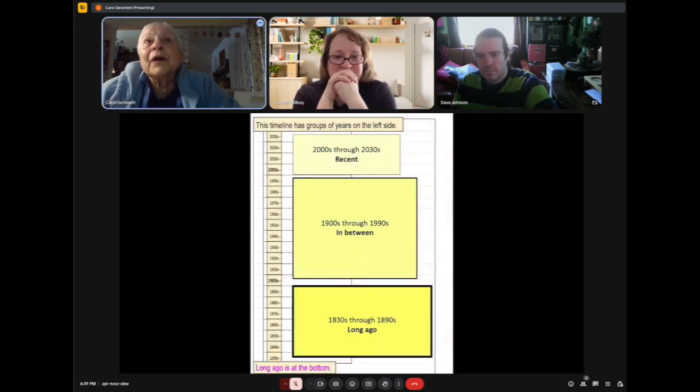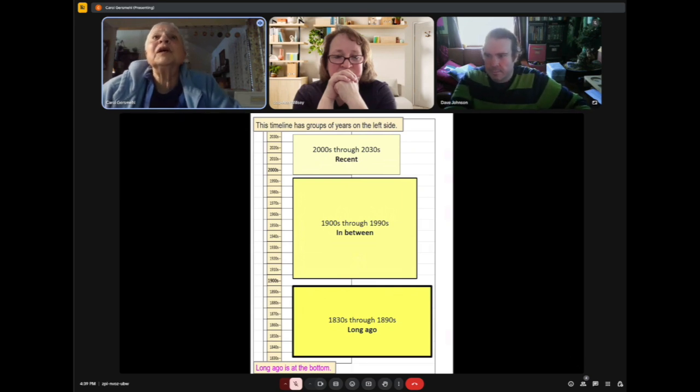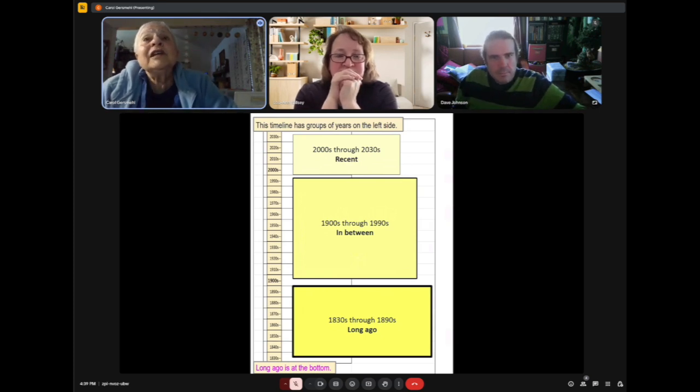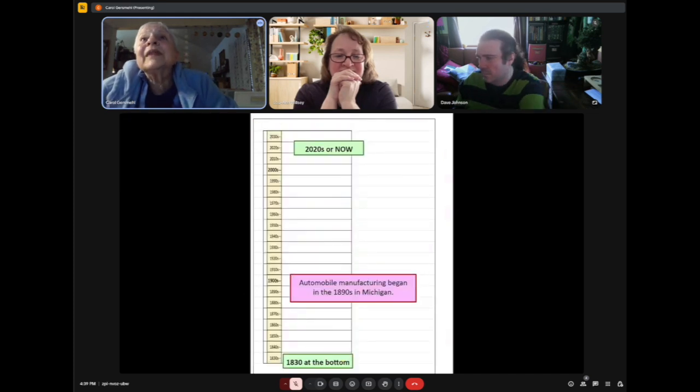And we have a little bit more refined way of looking at a timeline. We have the 1830s, long ago, at the bottom, and we have more recent years, the 2000s, at the top, and the 1900s are in between. The 2020s are now.